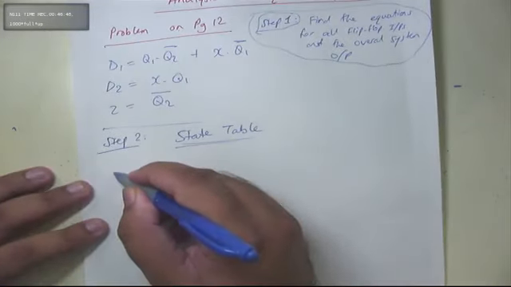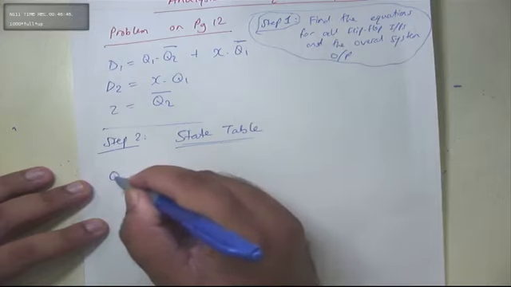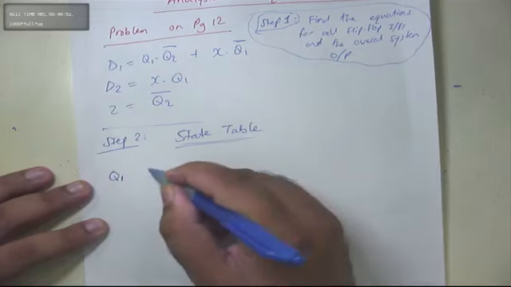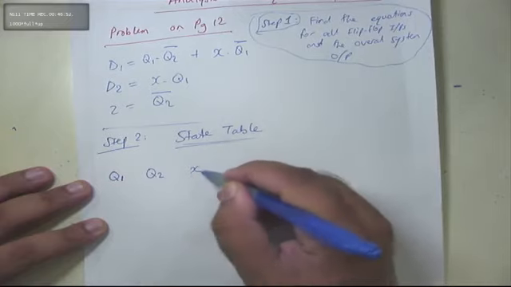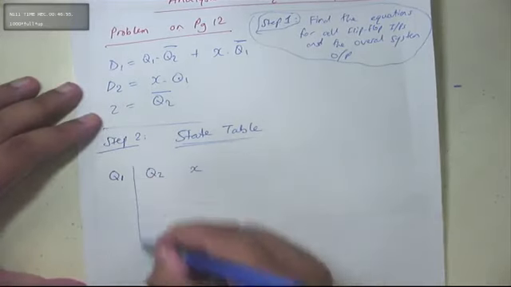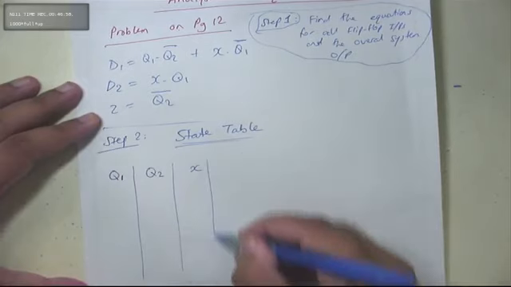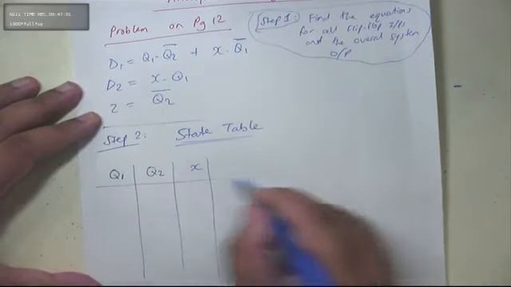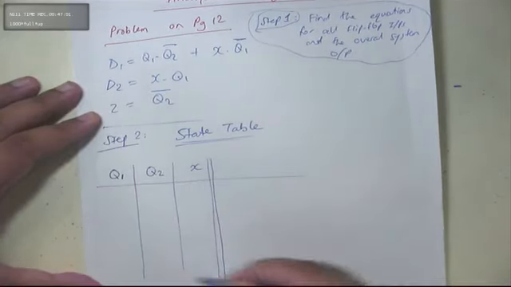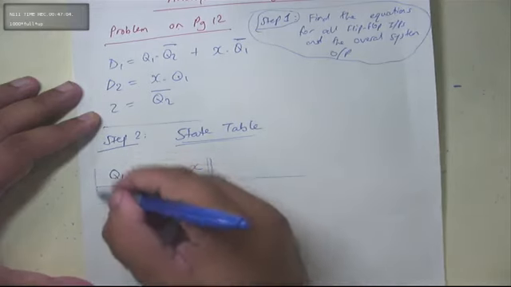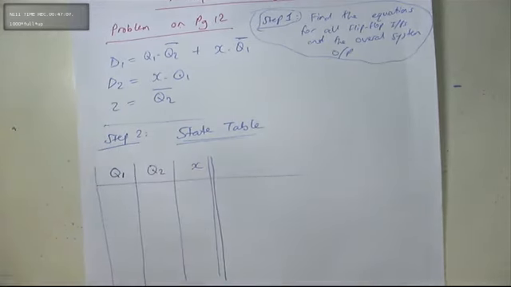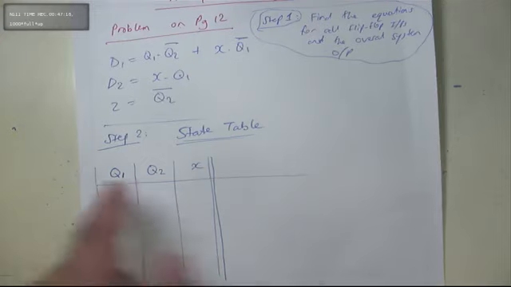You have two flip-flops. We start off with the current ones, Q1, Q2, and input X. X is our physical input, and Q1 and Q2 are the states of the memory.